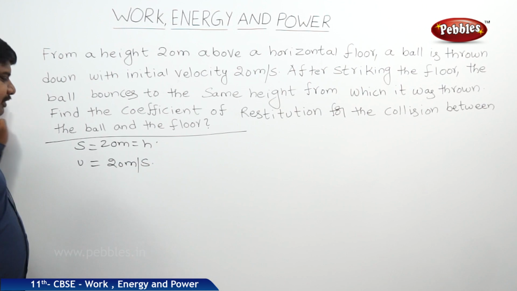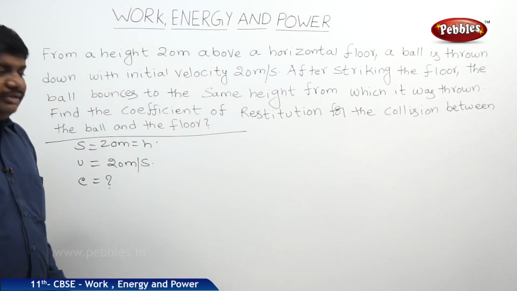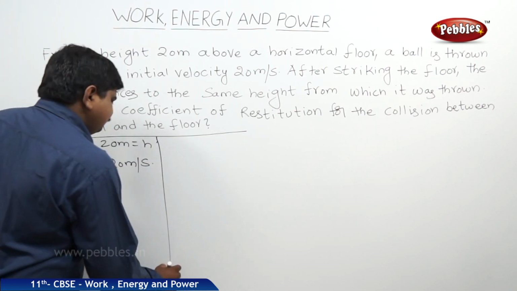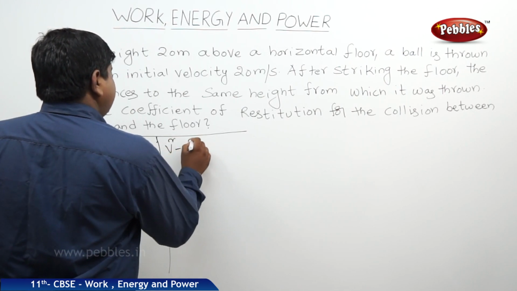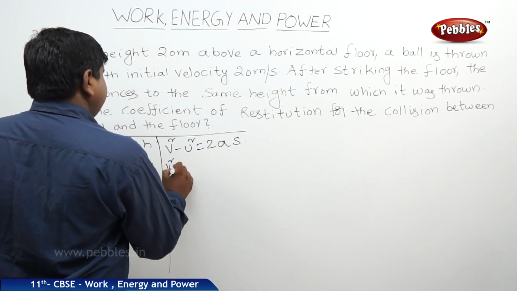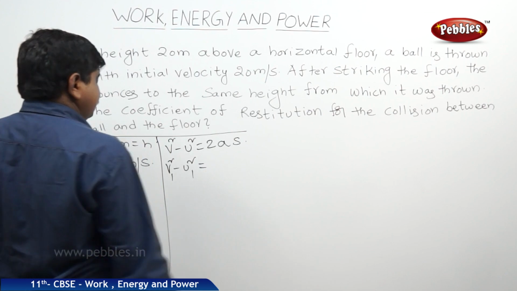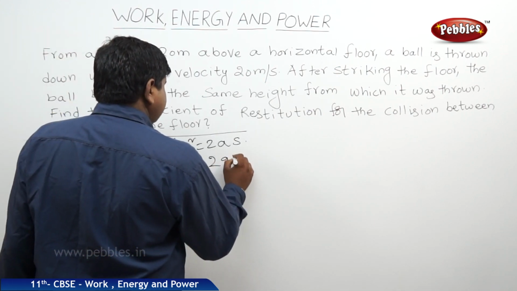So, as we know from the kinematic equations of motion, v square minus u square is equal to 2as. This will become v1 square minus u1 square is equal to 2gh.